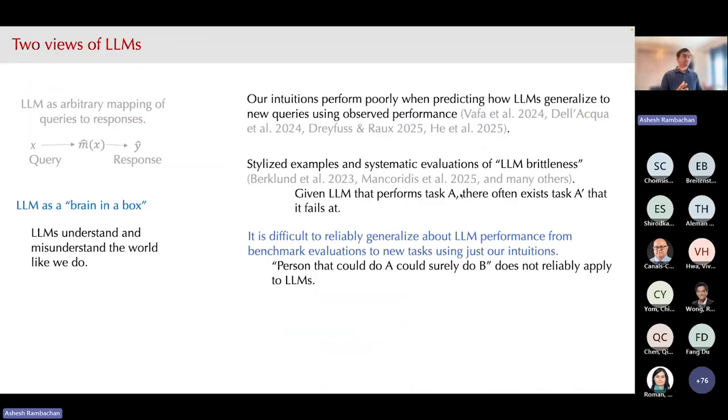In other words, what these two streams of work suggest is that it is difficult to reliably generalize about large language model performance from benchmark evaluations using just our intuitions. The argument that if a person could do A, then they could surely do B does not readily apply to large language models. So we must be careful if we're generalizing based on our vibes and intuition.